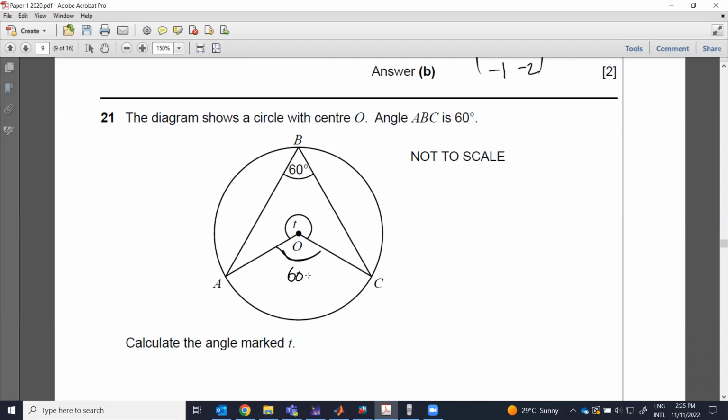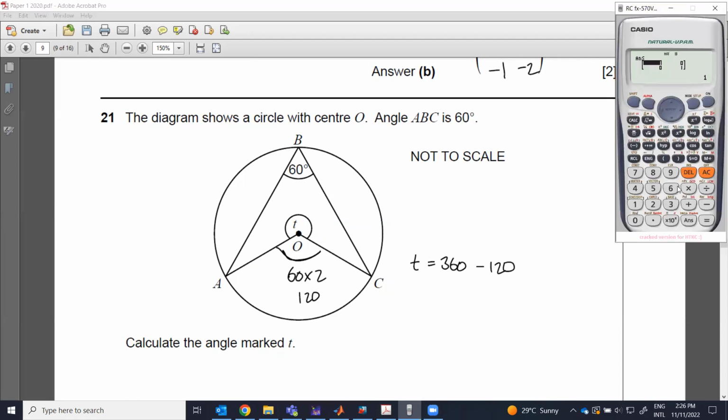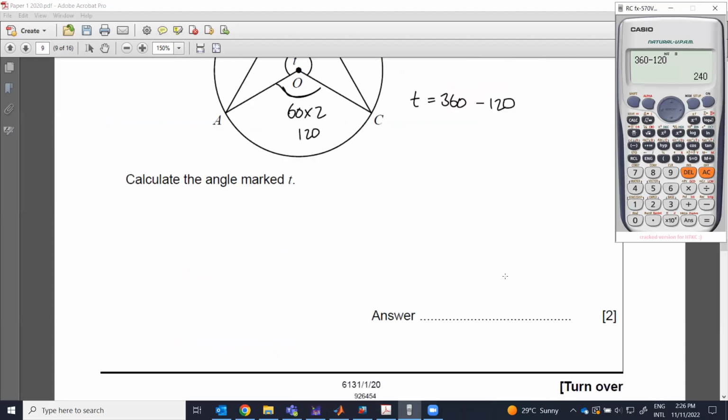So this will just be 60 times 2. So this will be 120, and we know that a revolution is 360. So T is just going to be 360 minus 120. This is 240.